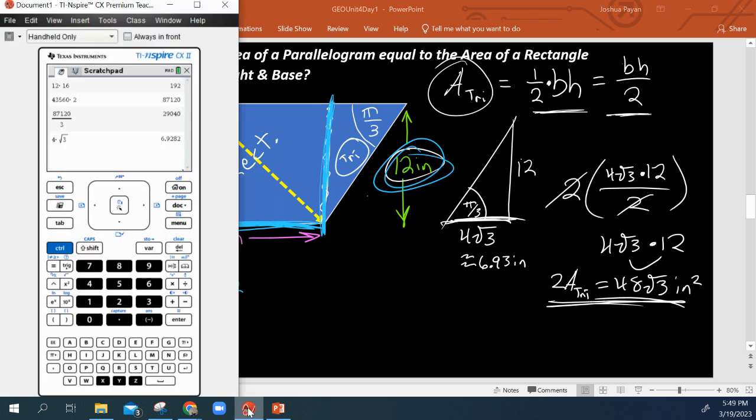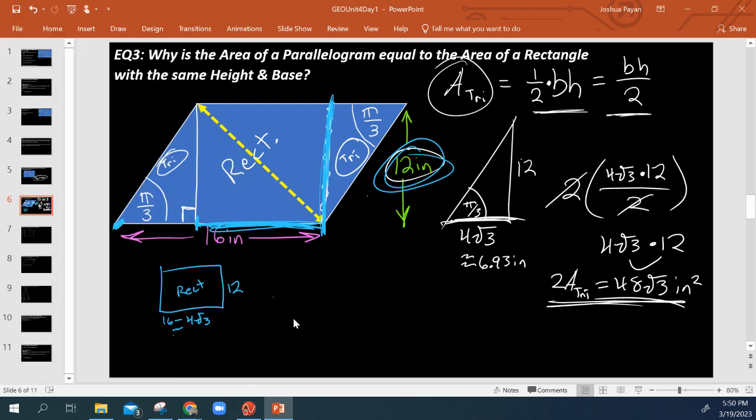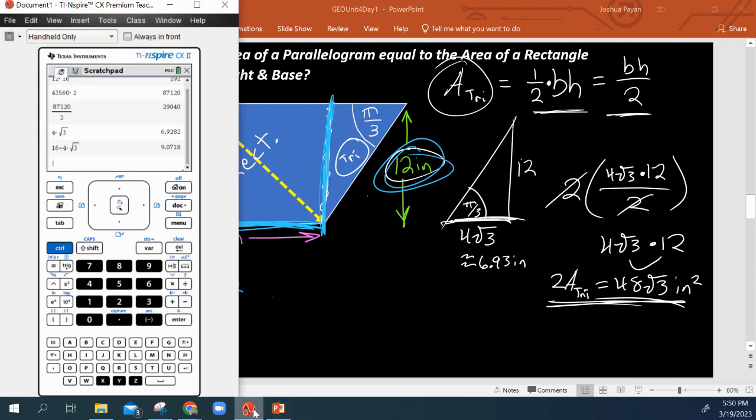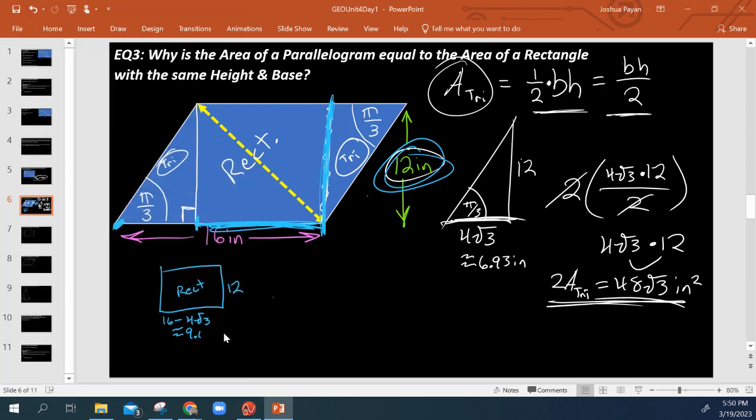Now let's throw that in the calculator. I'm going to have 16 minus 4 times the square root of 3. That's about 9.07, so that is my base.